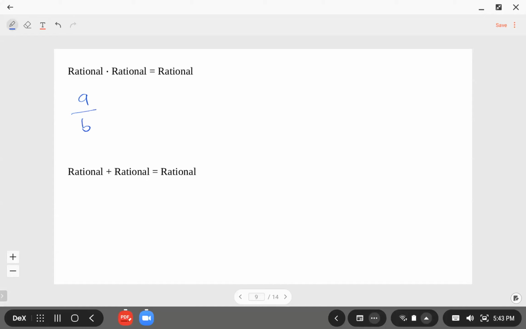We're going to be using some algebra to prove some of these rules. Let's say a rational number is a over b, and we multiply it by another rational number, m over n. The result will be am over bn.